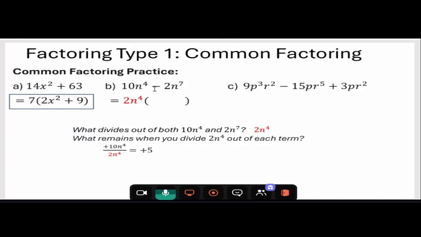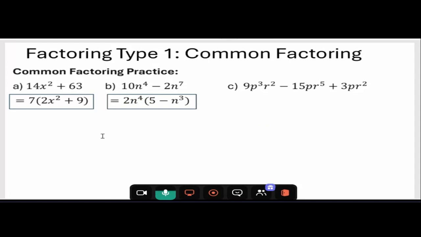From the second term, negative 2n to the 7, what comes out? The 2's cancel, leaving just 1, and n to the 7 over n to the 4, subtract the exponents, is n to the 3, so we have negative n cubed, and that goes there. So there is our second answer.